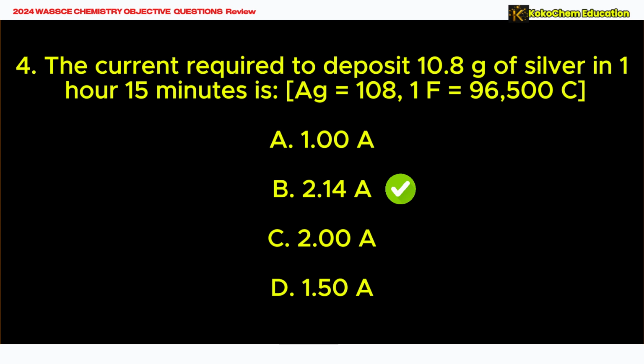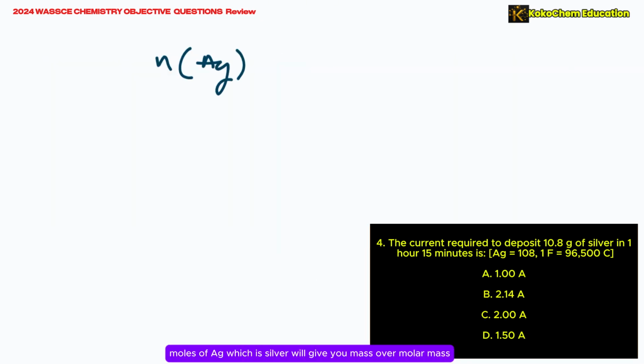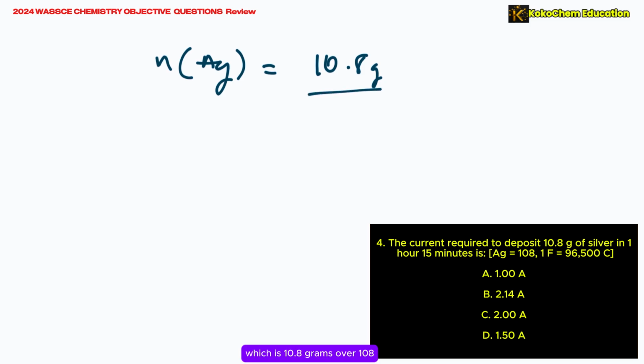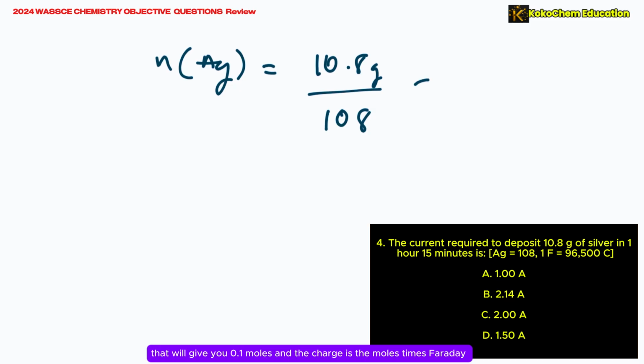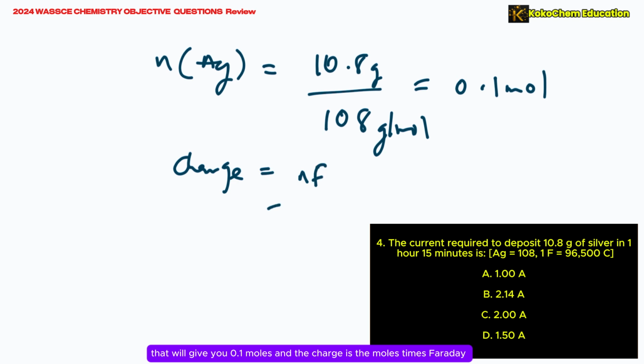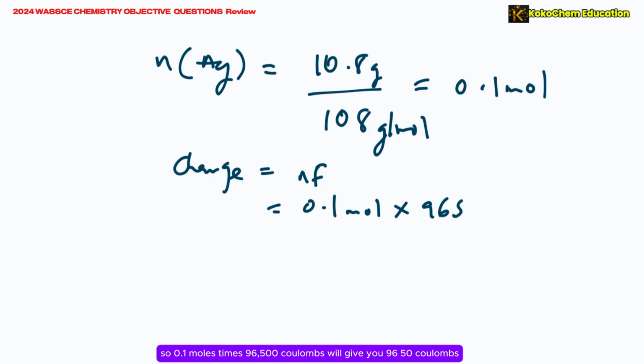Explanation. Moles of Ag, which is silver, will give you mass over molar mass, which is 10.8 grams over 108, which is the molar mass. That will give you 0.1 moles, and the charge is the moles times Faraday, so 0.1 moles times 96,500 coulombs will give you 9650 coulombs.